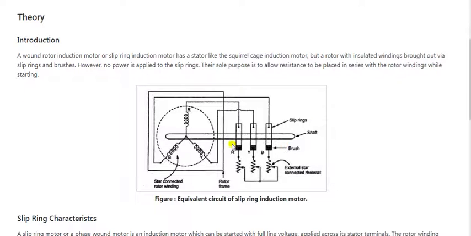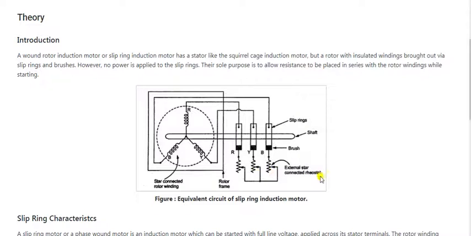You can see here the slip rings and brushes mounted on the shaft. These are the brushes, black colored, and these are the 3 terminals of the rotor, connected to the external resistance, the rheostat.